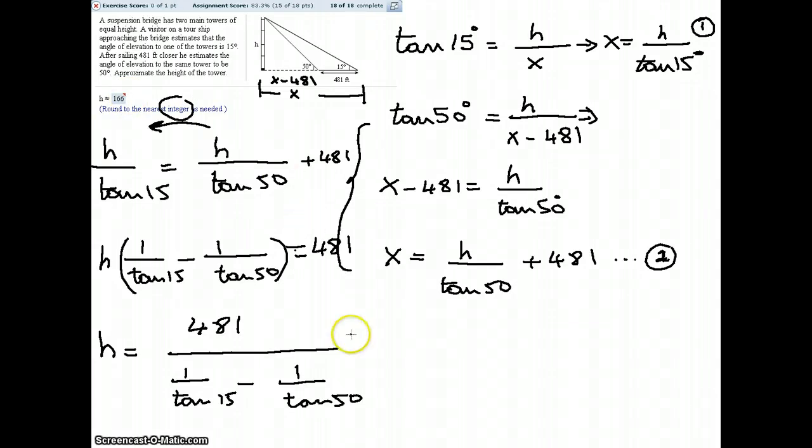So let me try my calculator, and the best way to work this on the calculator is to start with the denominator: 1 divided by tan 15, enter, minus 1 divided by tan 50, enter. I end up with 2.89295. Now I'm gonna go 481 divided by the answer.